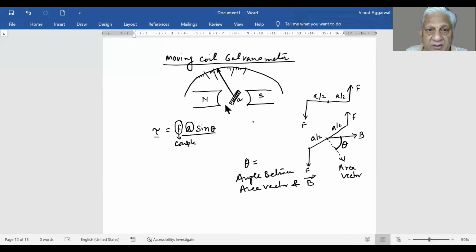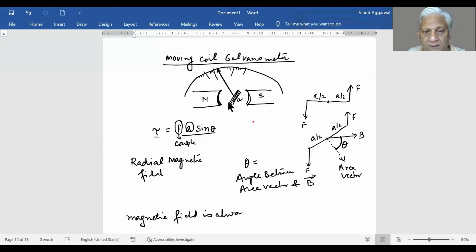Now, as we mentioned earlier, this galvanometer has a very special magnet which produces a radial magnetic field. What does it mean? It means that the magnetic field is always parallel to the coil.